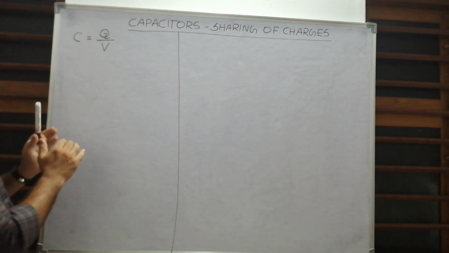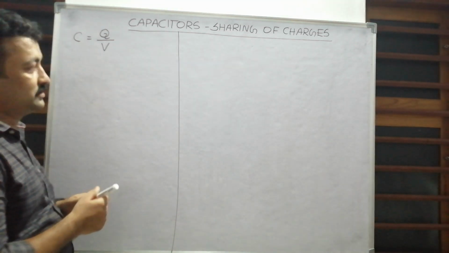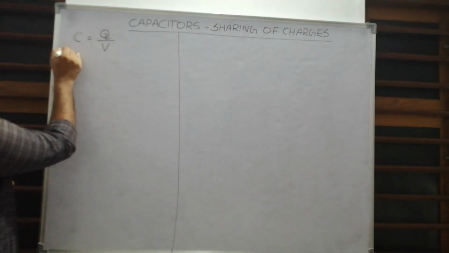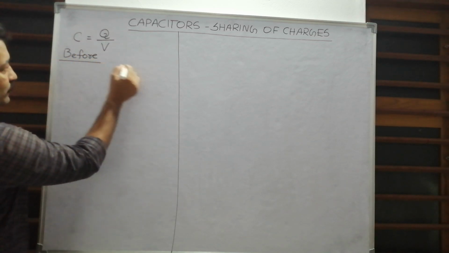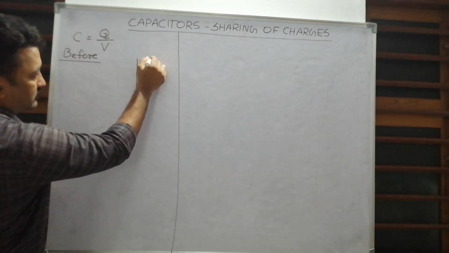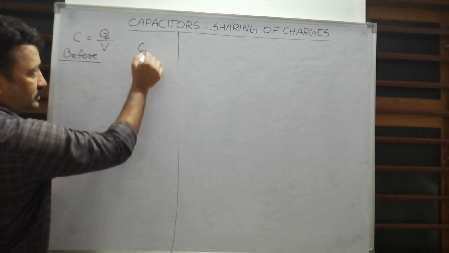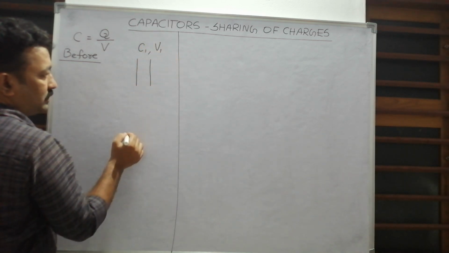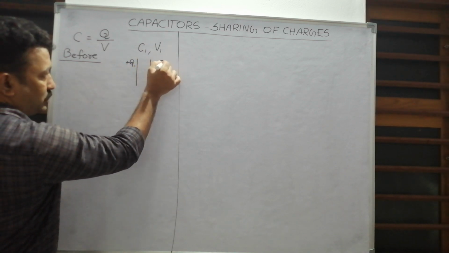Now we are going to see this as before sharing and after sharing. So the first situation I am taking as before. We have one capacitor, say it has a capacitance C1 charged to a potential of V1, and whose plates have plus Q1 and minus Q1 respectively.